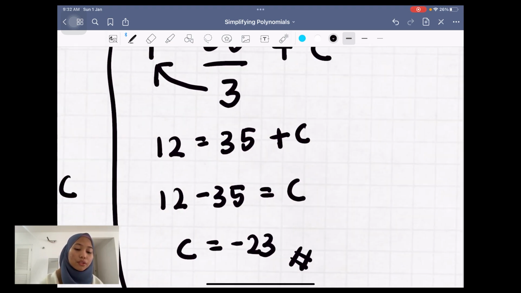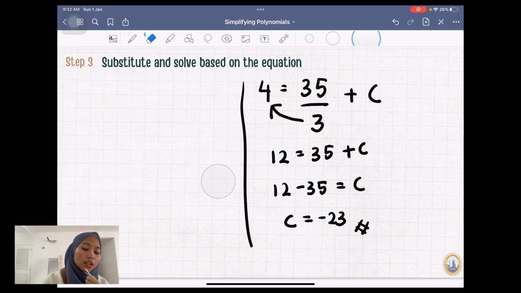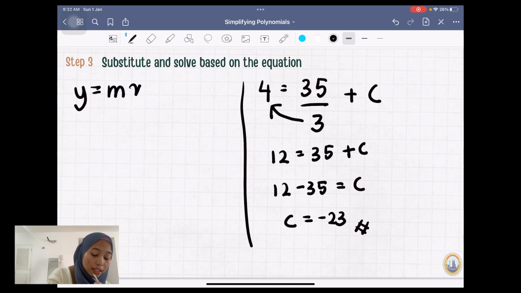So we have to rewrite the equation. The equation will be y equal to mx plus c.